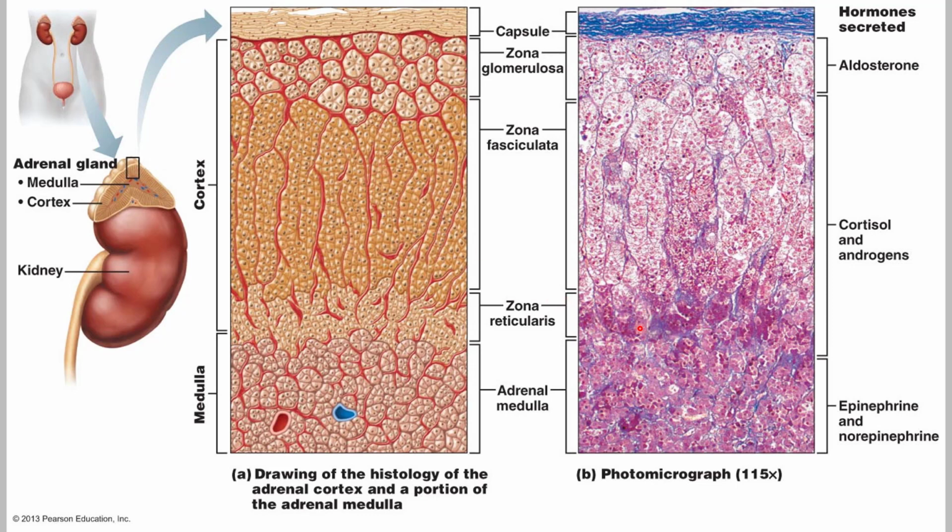Going a little bit deeper, we have kind of a darker staining area right here, which we can see over here. And then deeper still, we have an area that we can't really see too much in this image, but over here we can see it's common to see some big open spaces where blood vessels run through. In our lab manual and in lab, you will see some open spaces in this deepest part right here.